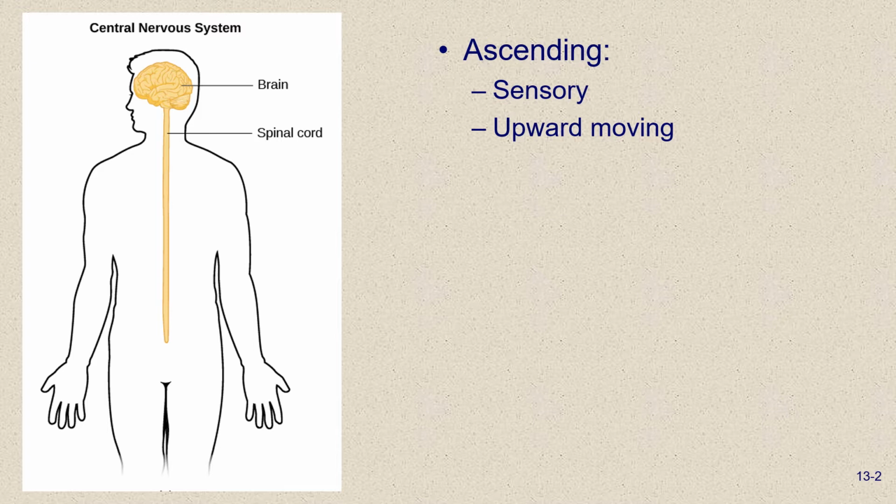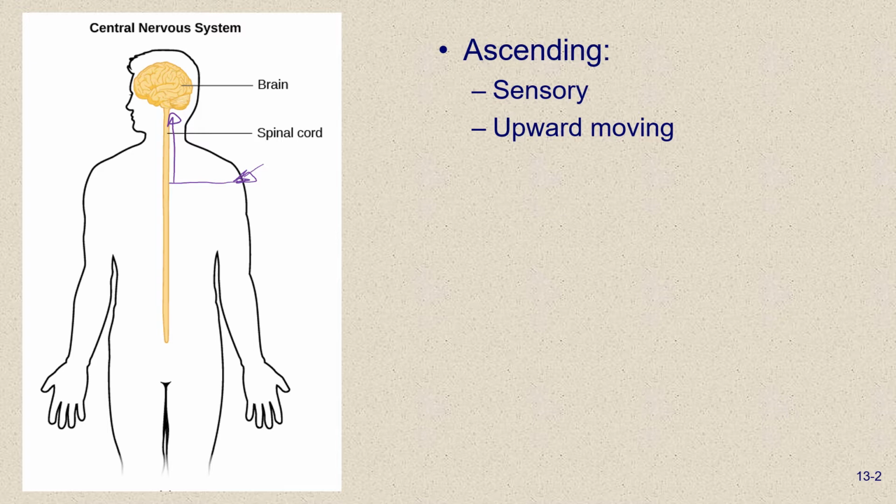So sensory information that's gathered from around the body, for example, if somebody were to touch the shoulder, that information travels through a peripheral nerve to the spinal cord, and then it travels up the spinal cord towards the brain, and it's traveling through spinal cord white matter as it does so.